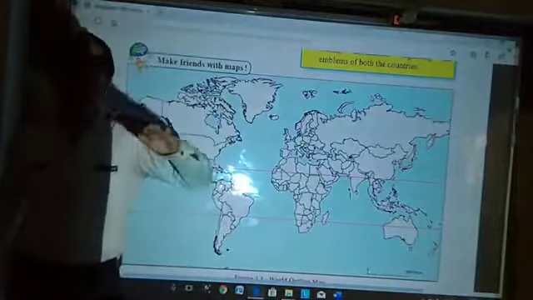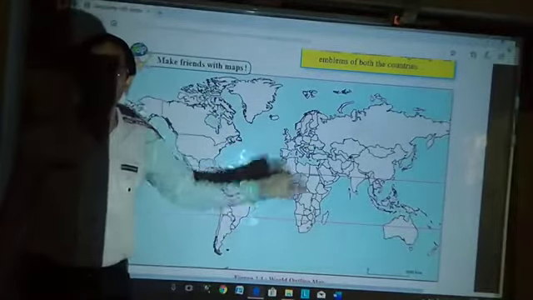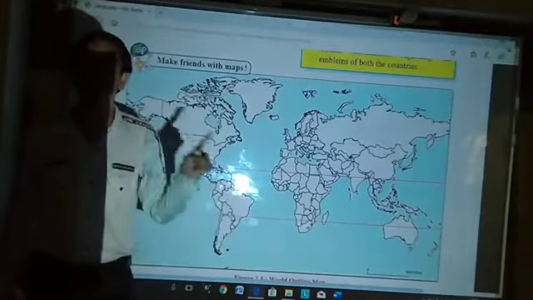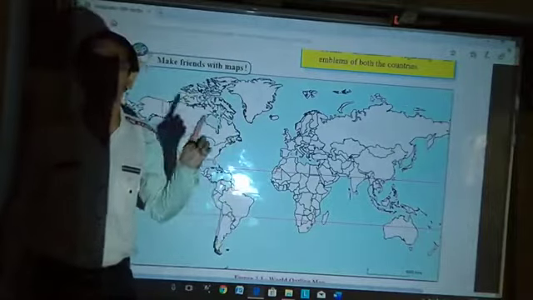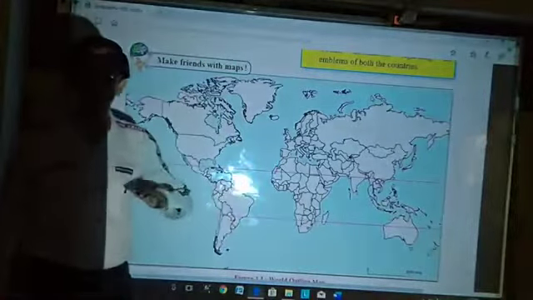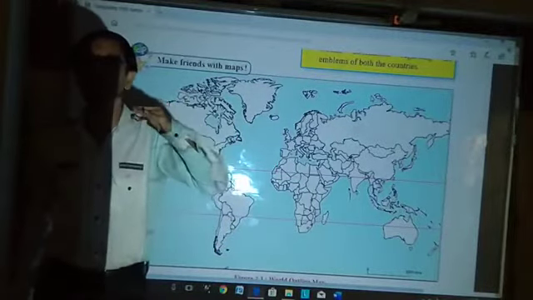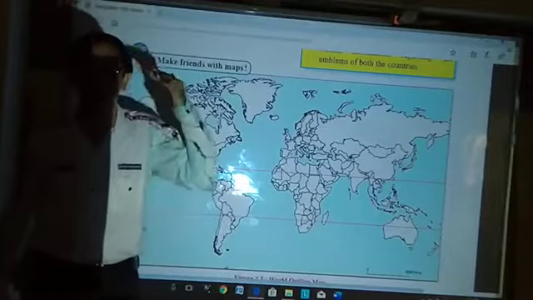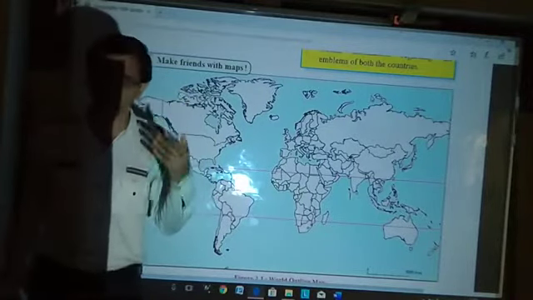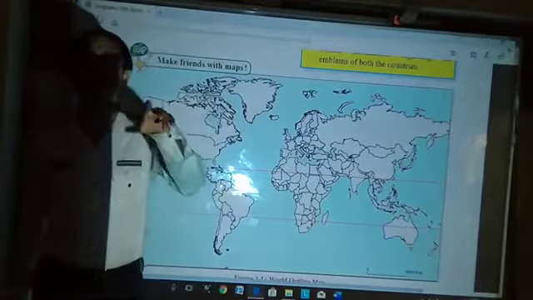These are not actual lines; these lines do not exist. But even though they are imaginary lines, they are correct, they are perfect, and they depict the truth. What truth? About the location, extent, as well as longitude, latitude, and climate.